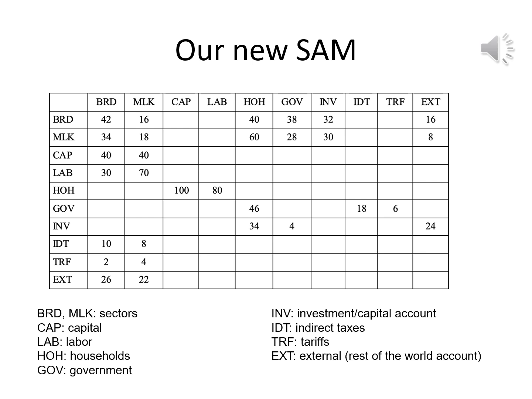Basically, these are taxes. So households are paying income tax to the government in the amount of 46 yen, and households are also saving. So household savings are going to the investment account, INV. In the INV row and households column, you will see that households are saving 34 yen out of their income.